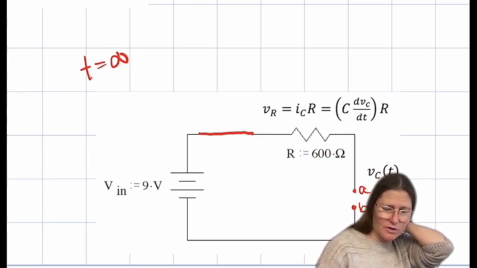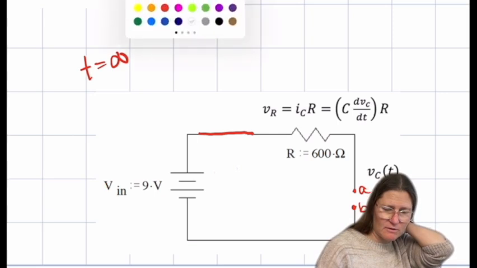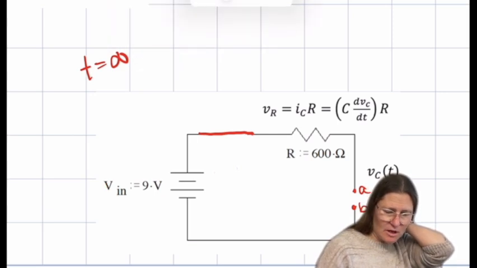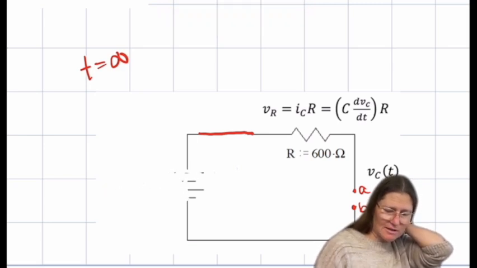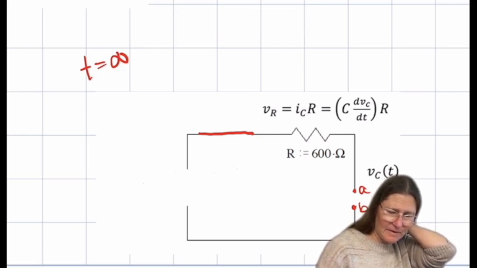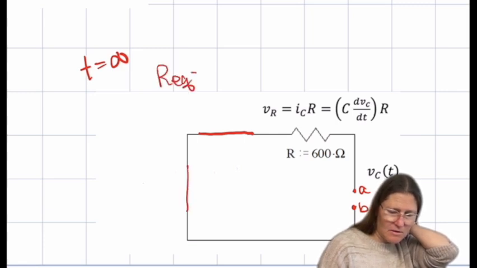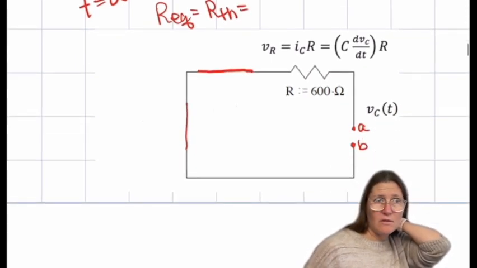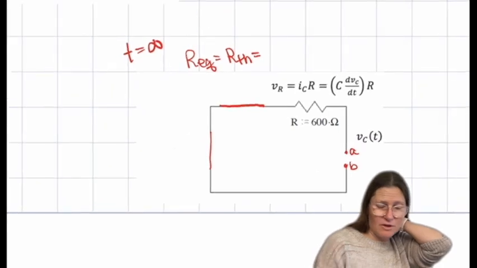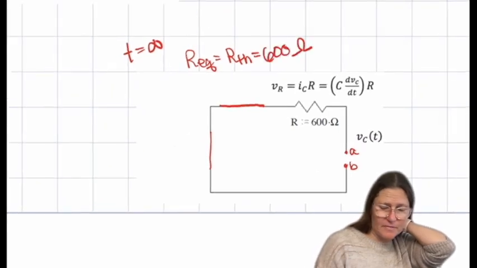Correct. So I'm going to just short this one. And what is the resistance that it sees between A and B when I short this? It's just 600 ohms, correct.